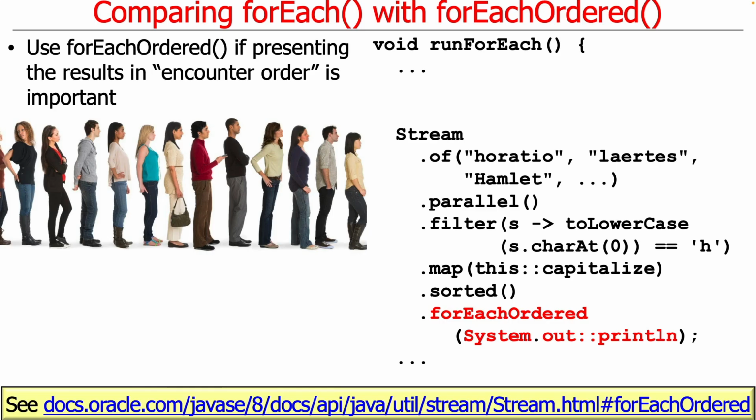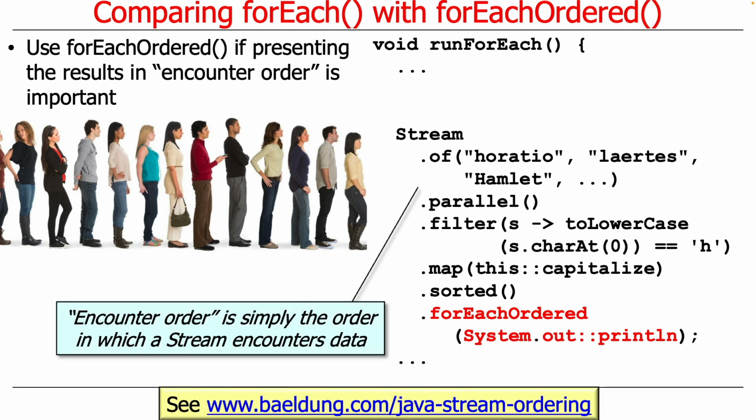So forEachOrdered is needed if you want to present the results in so-called encounter order. That's important for your program if you need to present the results in the order in which they're encountered. First of all, what is encounter order? Encounter order basically just means the order in which a stream encounters the data.